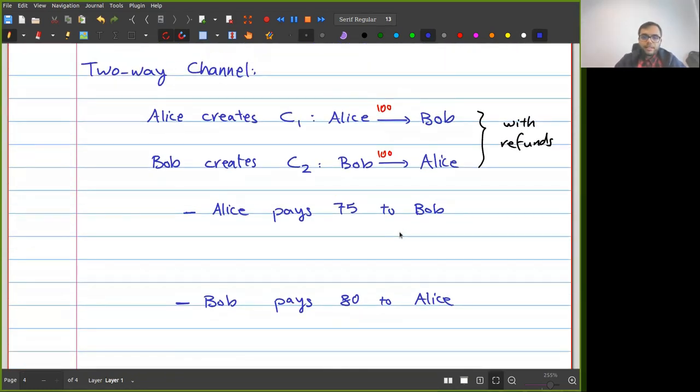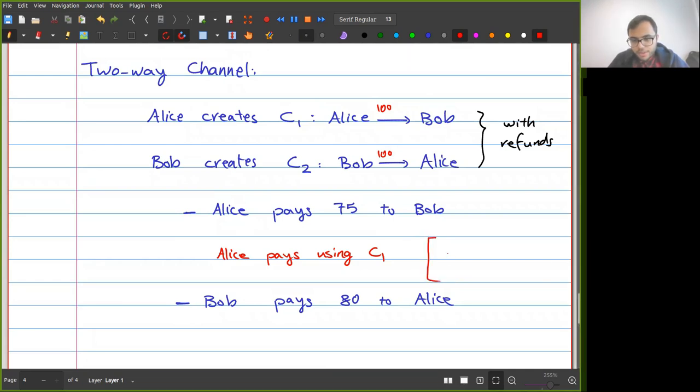Well, Alice wants to pay 75 units to Bob. So we can say that Alice pays using the first channel, using C1. So now I have a situation here where C1's capacity has decreased.